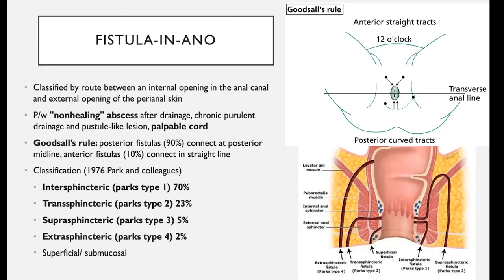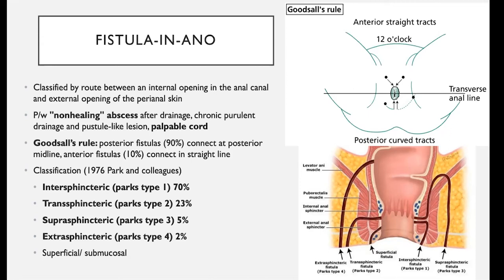The most common fistula is an intersphincteric fistula, a tract between the internal and external sphincters. You can have a transsphincteric fistula, which crosses the sphincter complex. You can have a suprasphincteric fistula, which still opens at the dentate line.